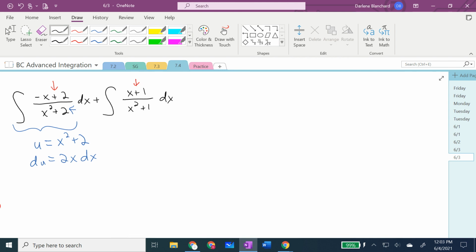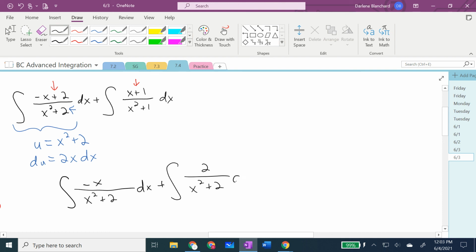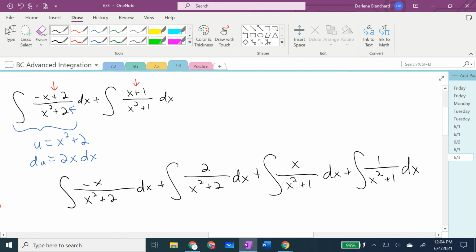So now I'm going to write out 4 integrals. I can see the use substitution that I'm going to use on the first integral.